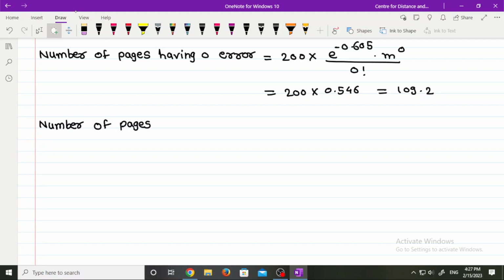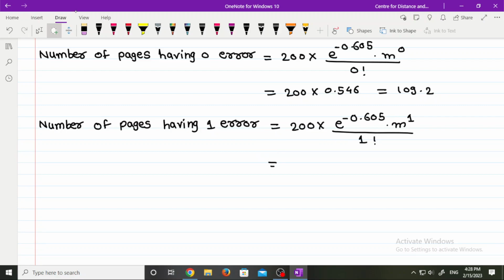Then similarly, we find out number of pages having one error, that is here the value of x is 1. So, we write here 200 into e raised to minus 0.605 into m raised to 1, x is equal to 1. So, here we get m raised to 1 divided by 1 factorial, which is equal to 200 into the value of e raised to minus 0.605, which is 0.546, into the value of m.